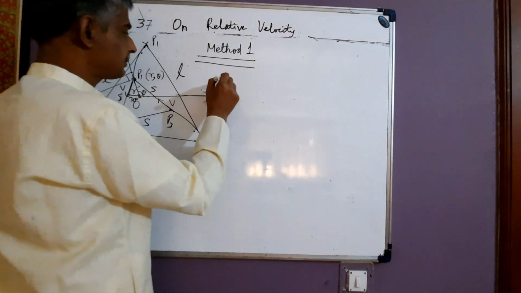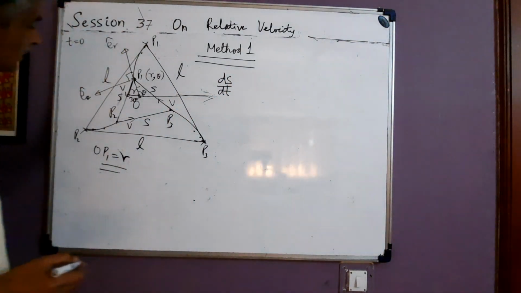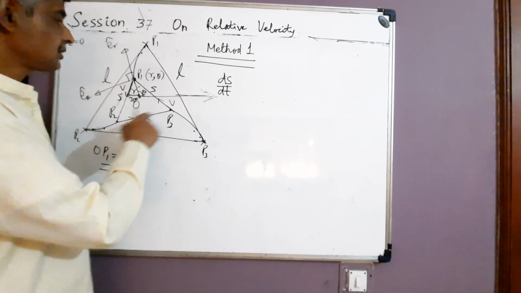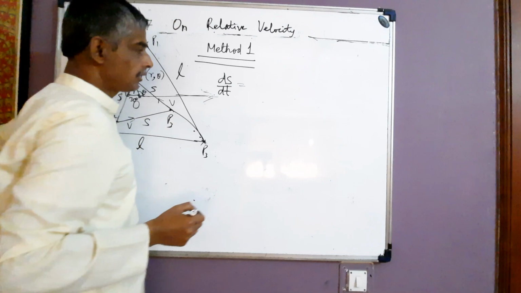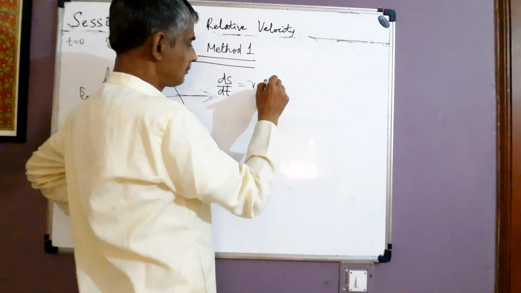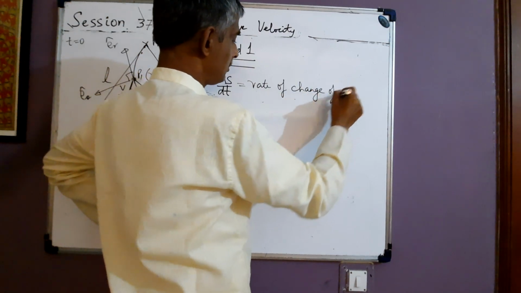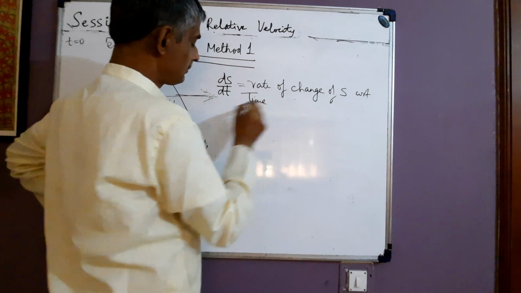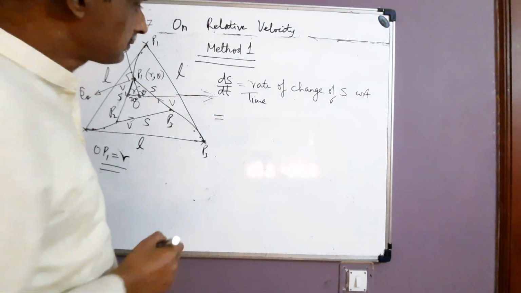Method 1 is this: ds by dt, where s is the side length of this equilateral triangle at time small t after start of motion. This is the time derivative of s with respect to t, the rate of change of s with respect to time. That is equal to rate of increase of s minus rate of decrease of s.